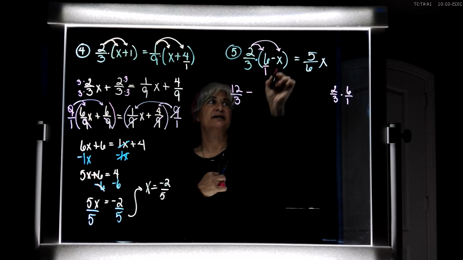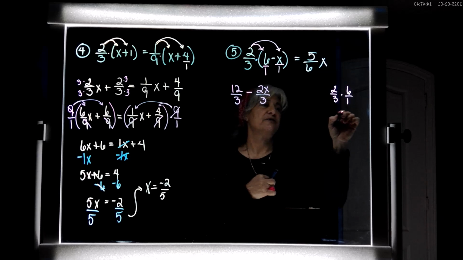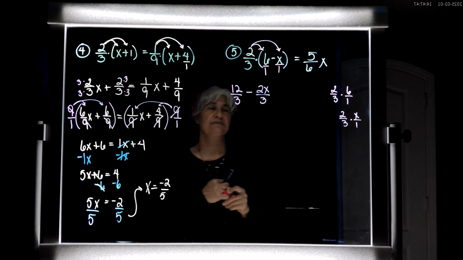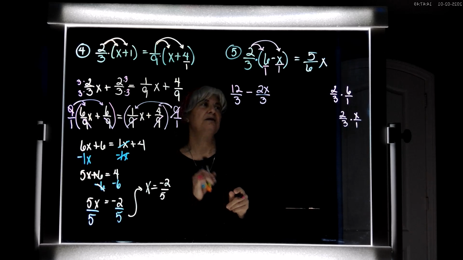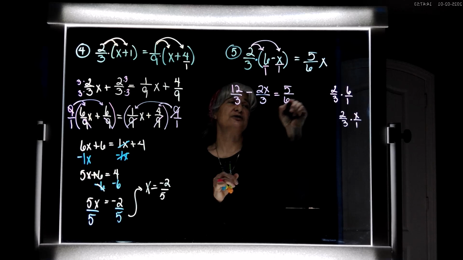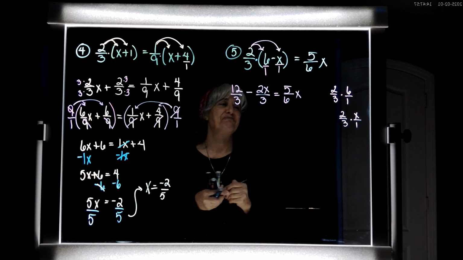So you're going to have minus, put a 1 under it, 2x over 3. Yes? Okay. And on the right side, I don't have a whole lot to do because there's already just one fraction there, isn't it? Good.